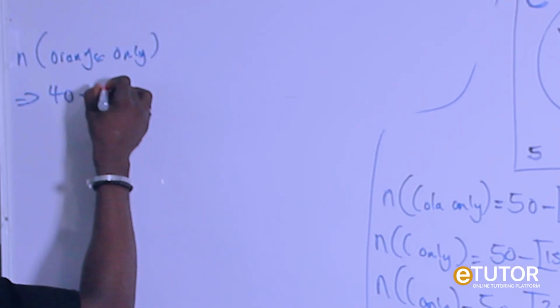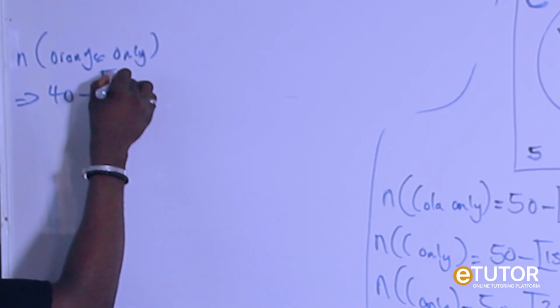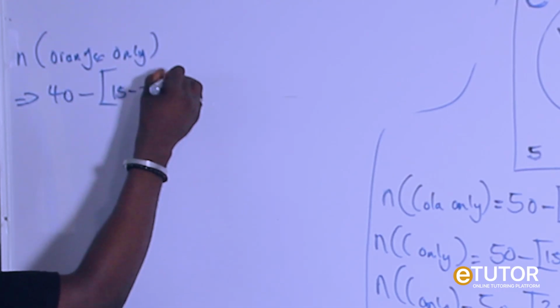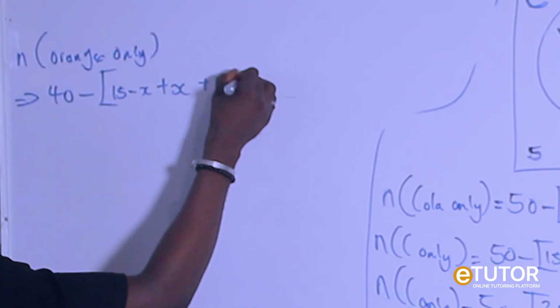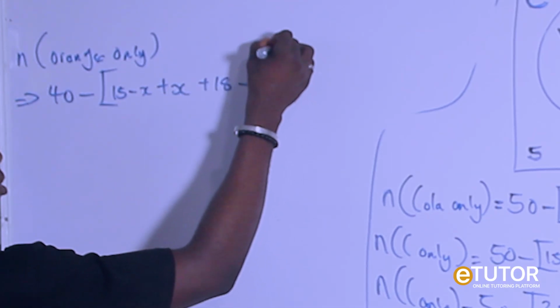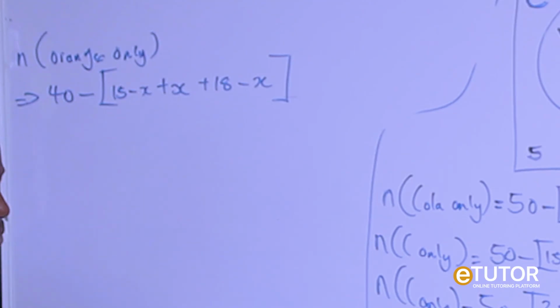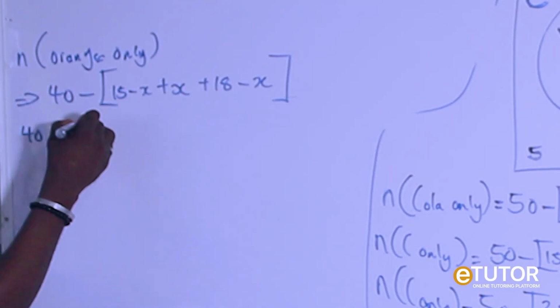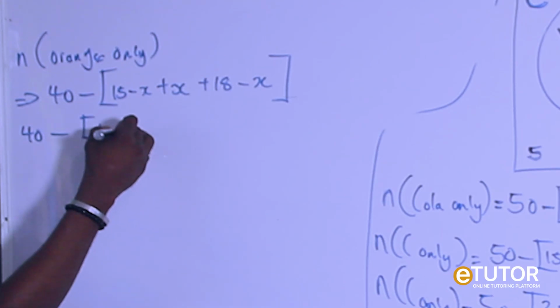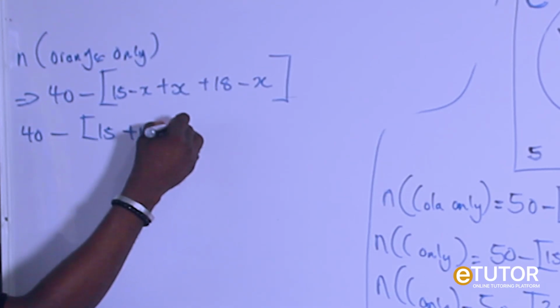So that's 40 minus, open the bracket, 15 minus x plus 18 minus x. So that will be equal to 40 minus 15, collect like terms, plus 18 minus x.